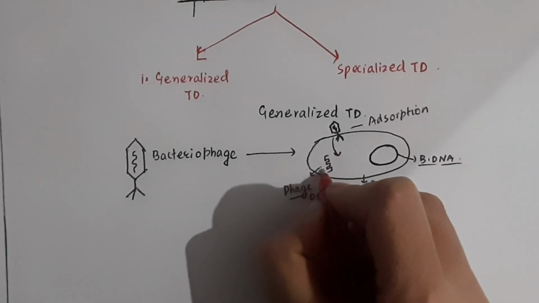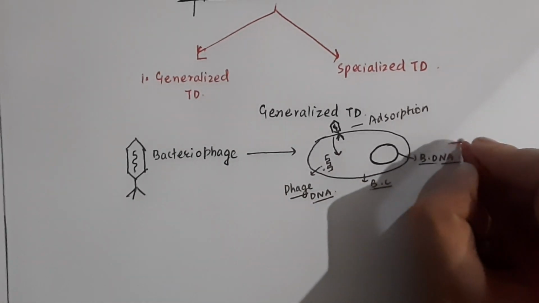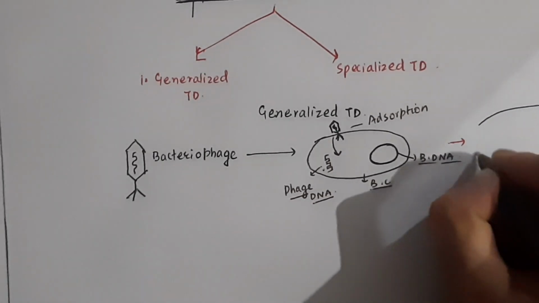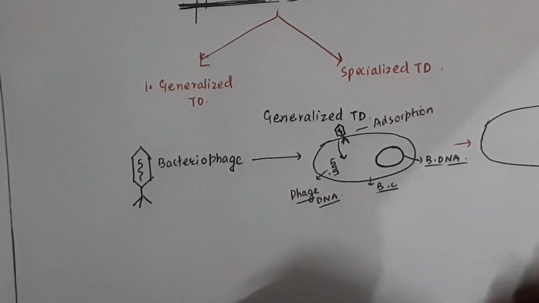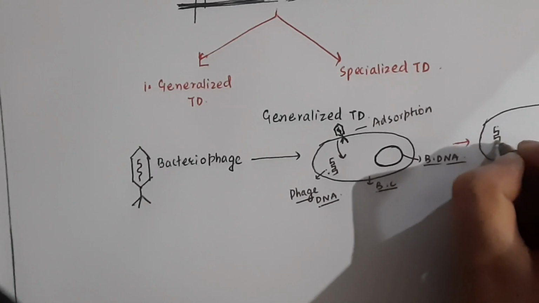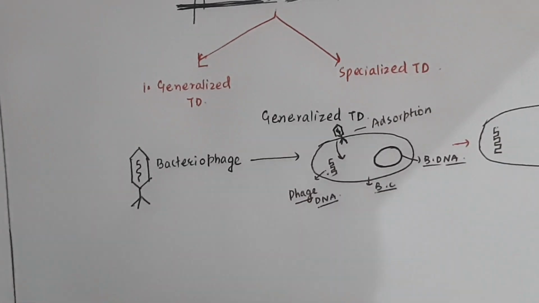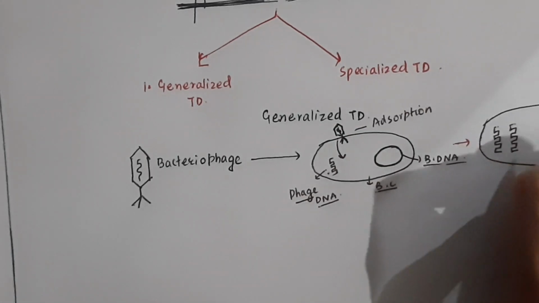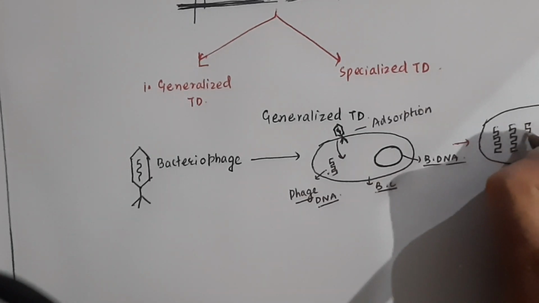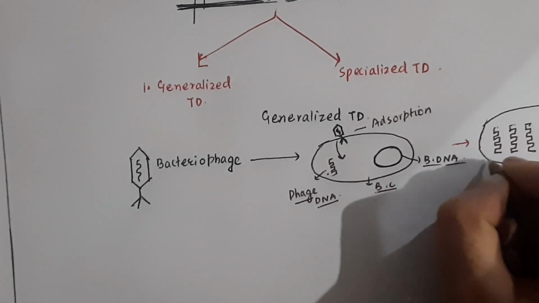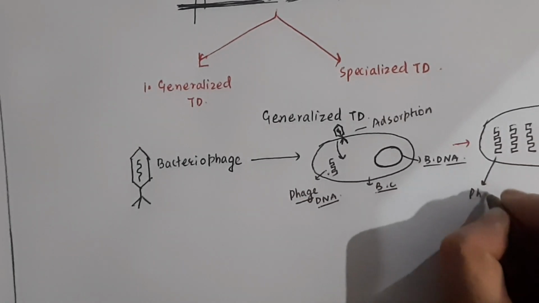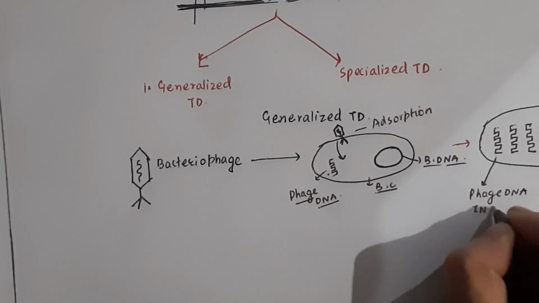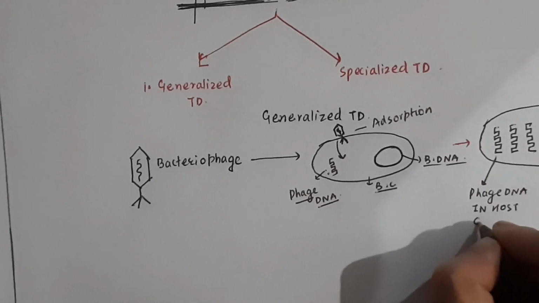This phage DNA uses the RNA polymerase of the bacteria and is transcribed, and makes its own copies. This is phage DNA in the host's cytoplasm.